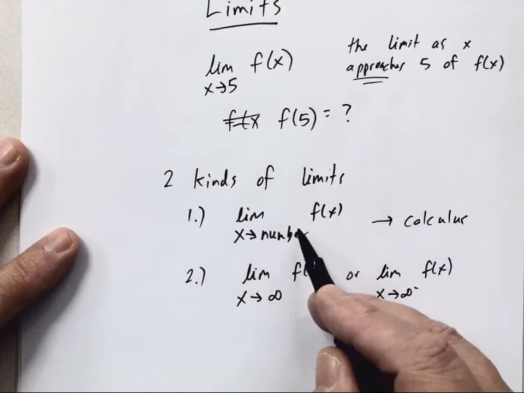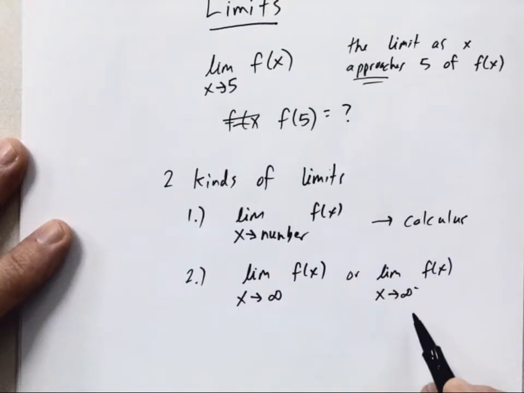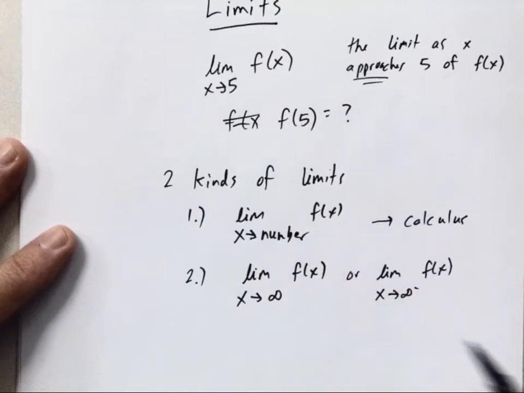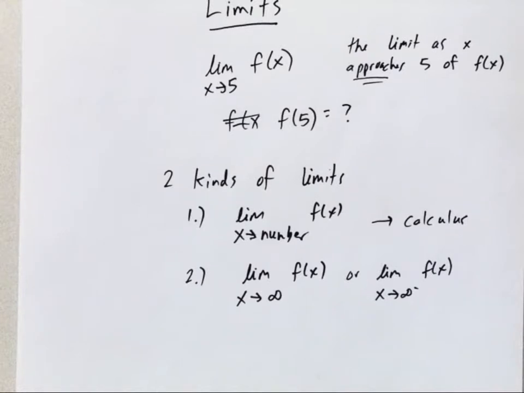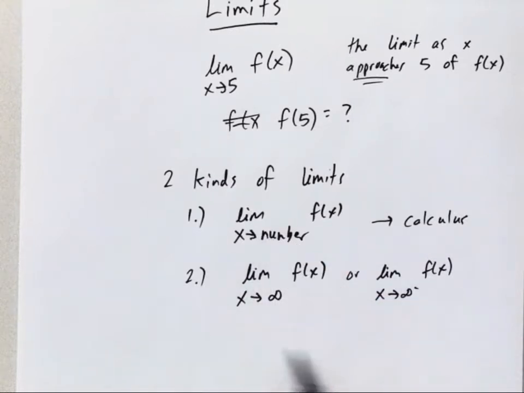This first kind of limit is the foundation of a big part of calculus. The limit as x approaches infinity is just important mathematically, but not essential for calculus. But we're just going to go ahead and cover both of these since we are going to talk about limits. We're going to cover number 1 first, and then after we talk about finding the limit as x approaches a number, then we'll go in and talk about what happens when x approaches infinity.